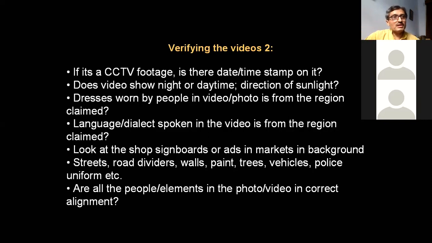Then if there are 2-3 people walking or 2-3 things happening in a photograph, you have to look at the alignment of the people, whether they are going in the same direction or the shadows are in the same direction or not, because if they are put together, there may be a mismatch of the two, and you may figure out that this is a doctored video or a doctored photograph. So many of these things are possible. I'm just giving you the very basics. You need to learn more if you are serious about this.